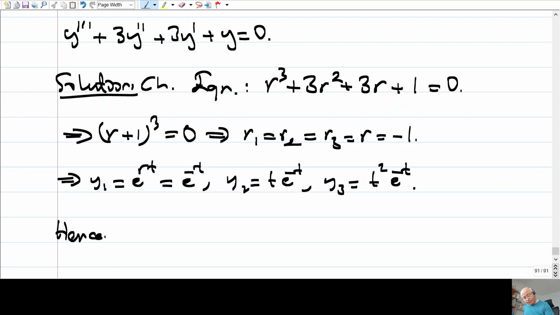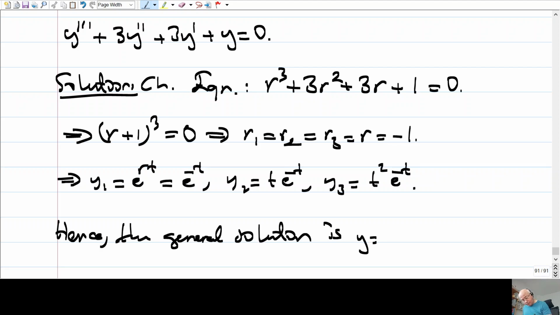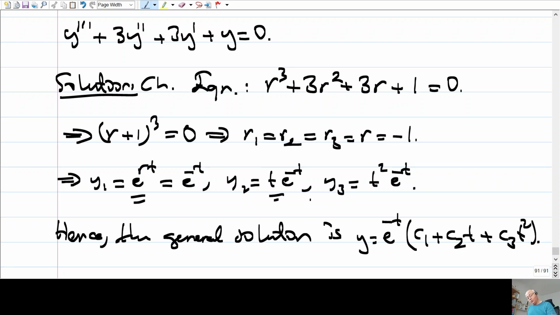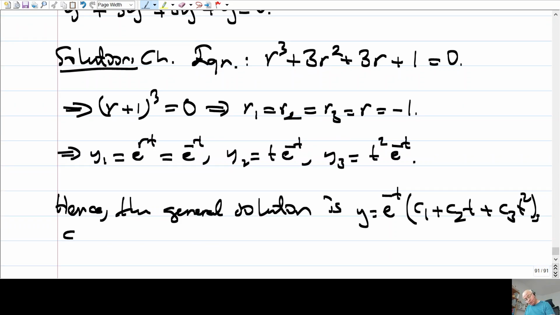Hence, the general solution is y equals e to the power minus t times c1 plus c2 times t plus c3 times t squared. So c1 times this, c2 times this, c3 times this one. This is the general solution. The ci's are real or complex numbers.